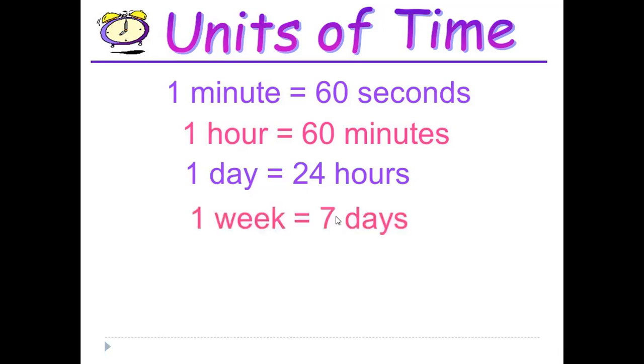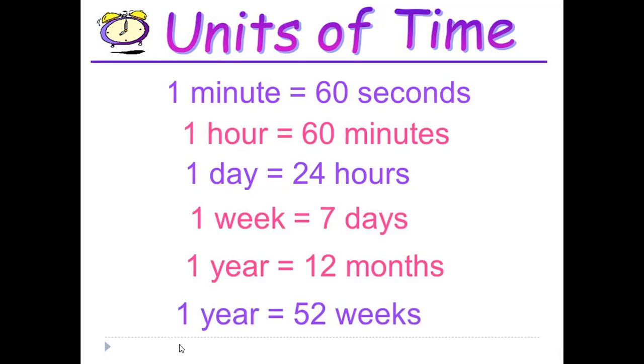In 1 week, there are 7 days. And in 1 year, there are 12 months. And in 1 year, we also have 52 weeks. Now you should memorize these, and we actually know them from our daily life, so it doesn't need to be memorized.